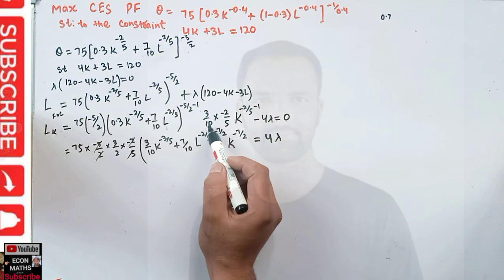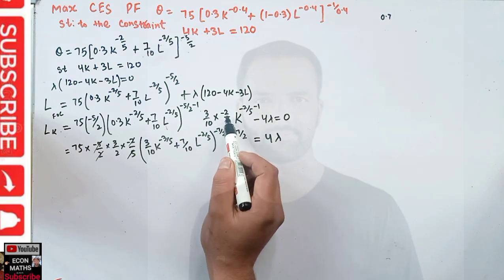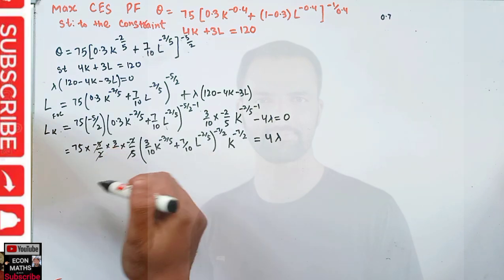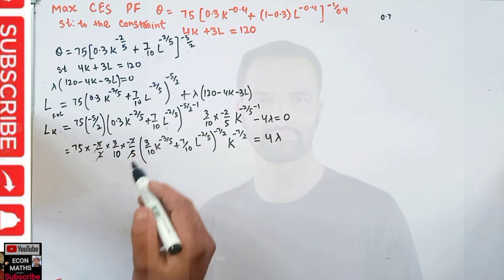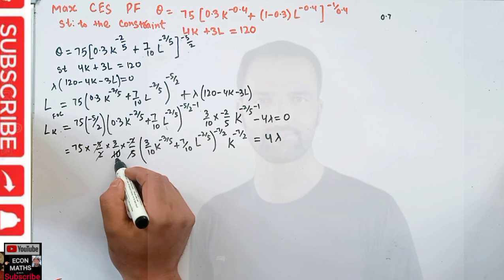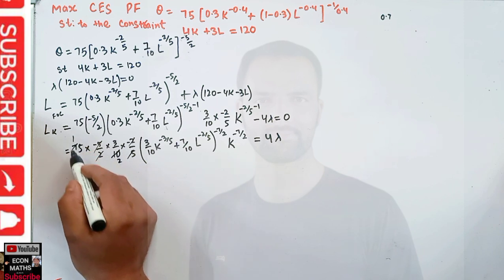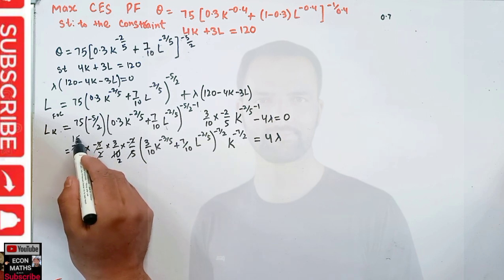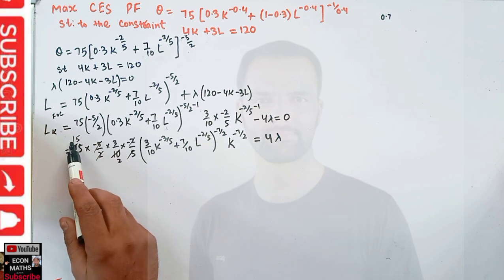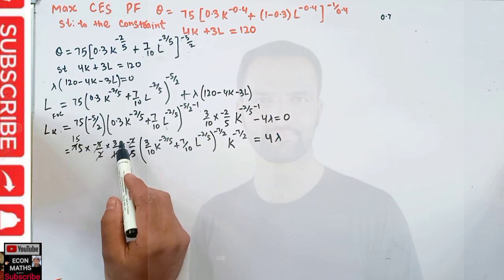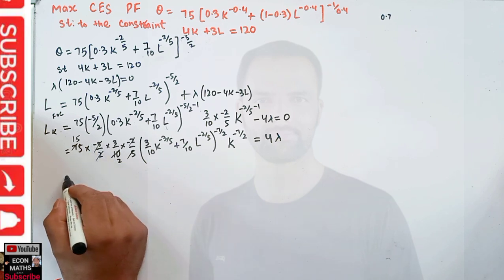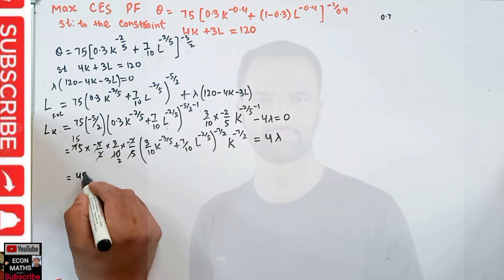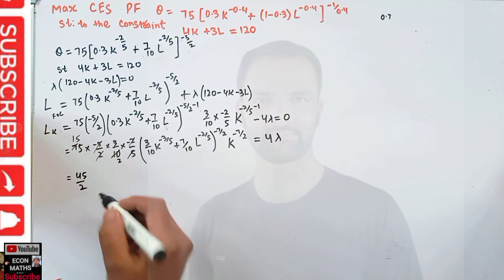So we have 3 upon 10 here. Now we have 5 twos are 10, 5 ones are 5, 5 fives are 25. We have 15 into 3 is 45, minus minus is plus, so 45 upon 2. So we are left with 45 upon 2.